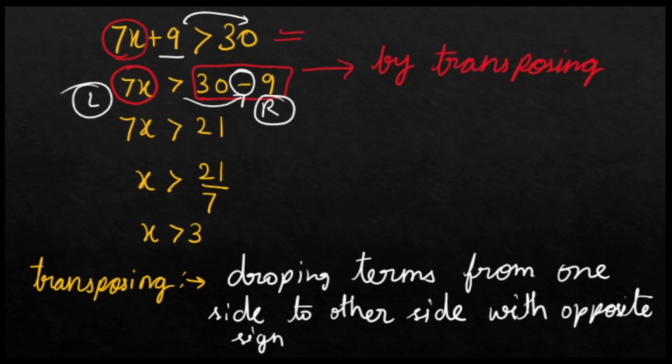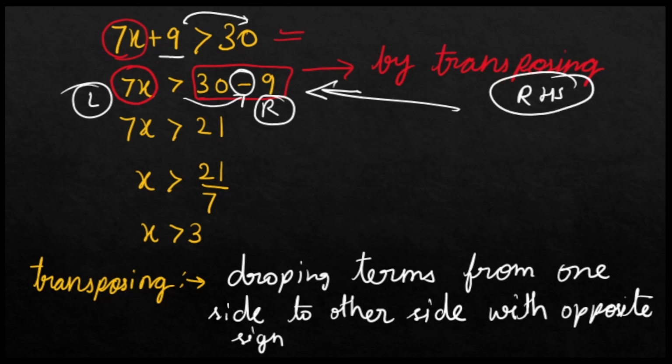So I did it here. In this case it is clearly visible. Transposing on the right hand side, we get 7x is less than 21. Finally we reach x is greater than 3.